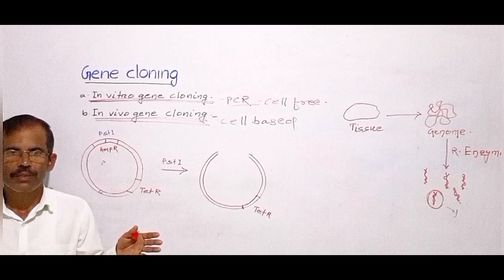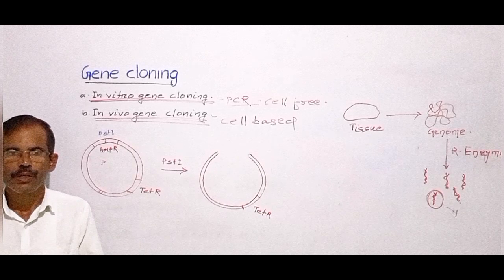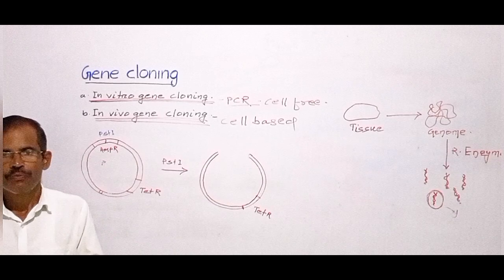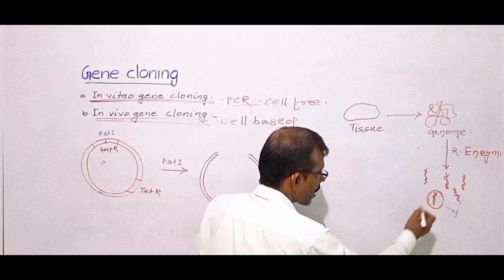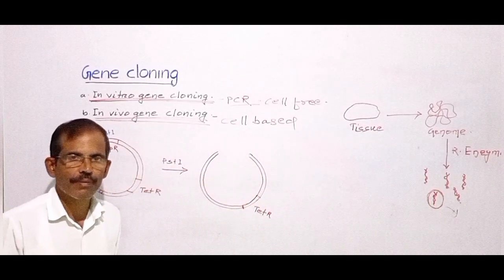After vector selection, the next step is to create recombinant vector or recombinant DNA. For this, the DNA fragment containing the target gene is inserted into the cloning vector.